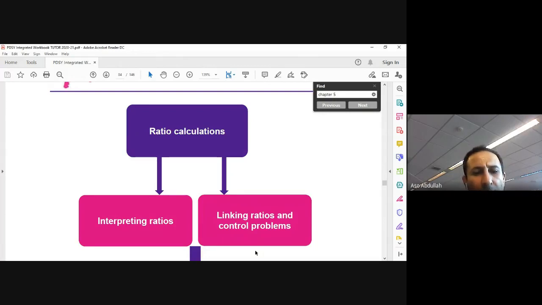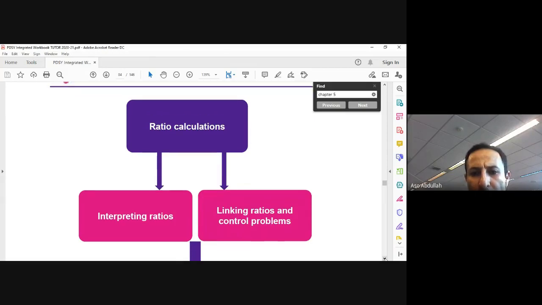The reason we need to look at a ratio is for internal purposes and for external purposes. When I say external purpose, it means for the investor, for example. Investors usually look at your financial statement and through a ratio they analyze a company's performance.